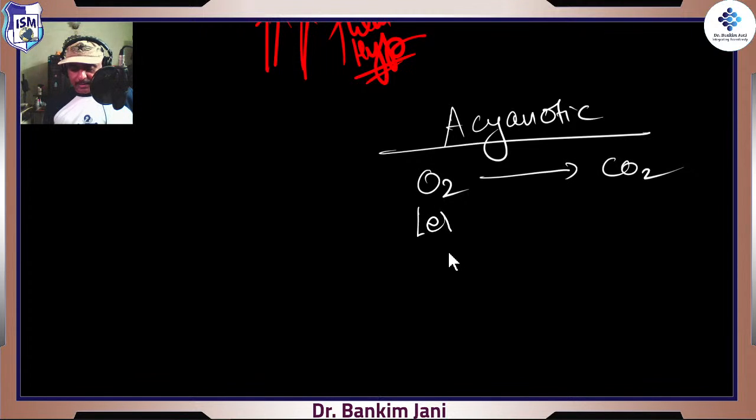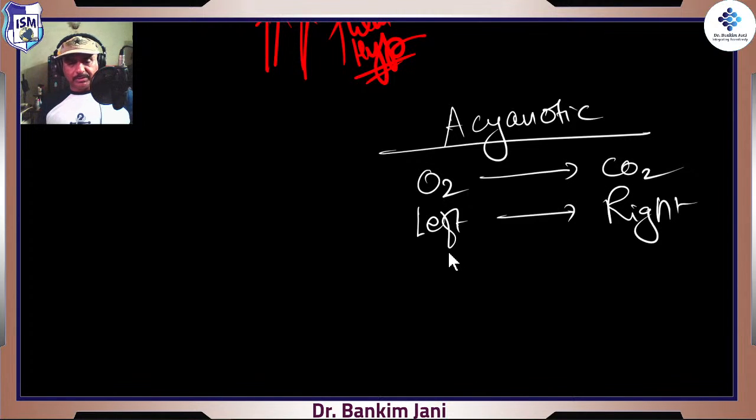That means left side to right side, right? So that's why in none of our patients is there any cyanosis, there is no bluish discoloration, everything is okay. But because they are getting less oxygen, they are feeling tired, they are fatigued, they are not growing, they are breathless, there is exertion on exercise, all those things are happening, right?